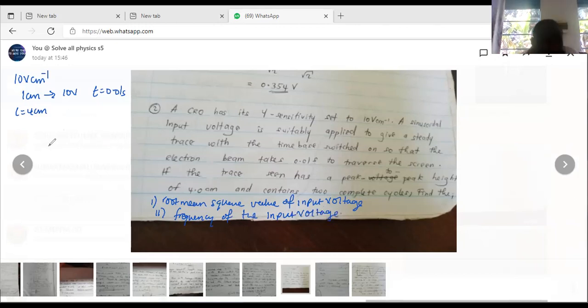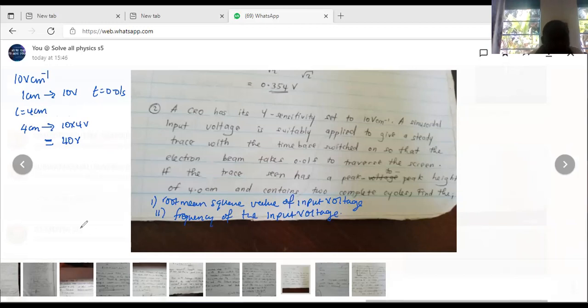So can we get the voltage which corresponds to 4 centimeters? 4 centimeters will be equivalent to 10 times 4 volts. And thus 4 centimeters are actually producing 40 volts.